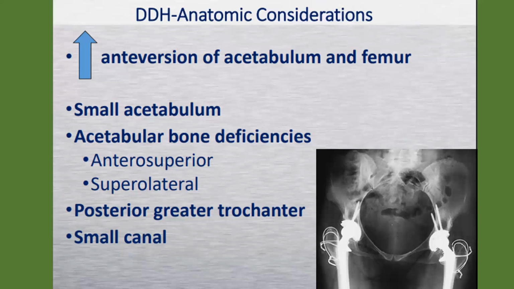We need to identify a true hip center. We know that the greater trochanter is posterior, and for this reason, when we are operating, we like to correct the amount of anteversion. The trochanter becomes lateral. Before, it was posterior. The function of the abductors was not normal. When you bring it lateral, they would function much better and more efficiently.